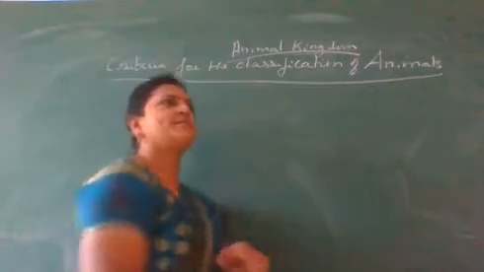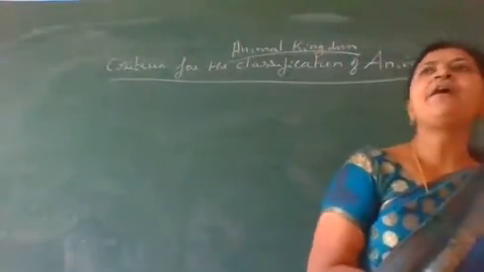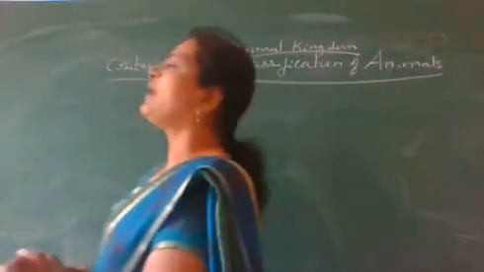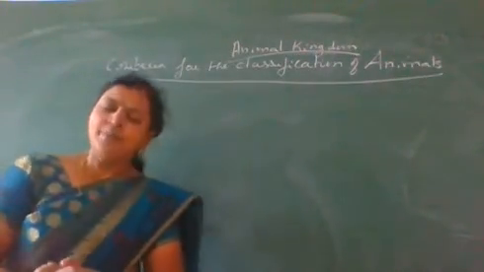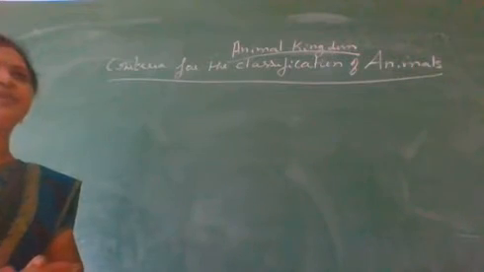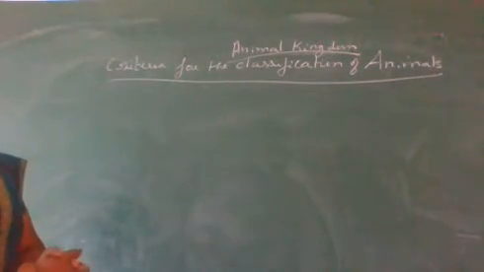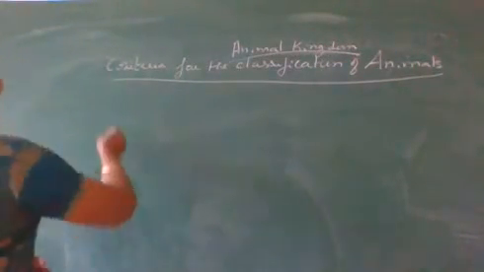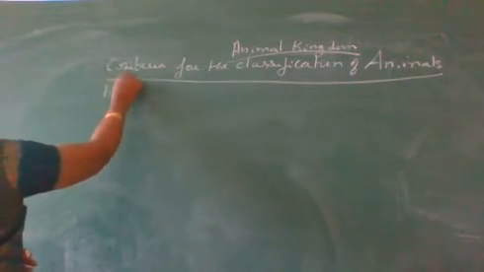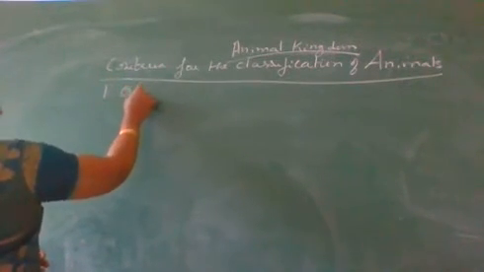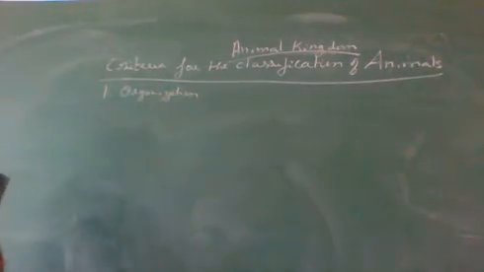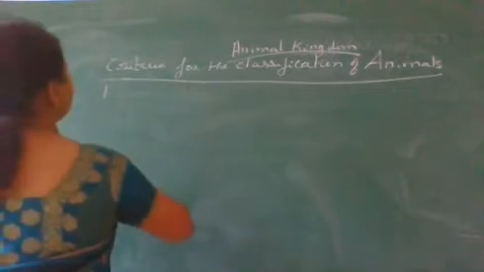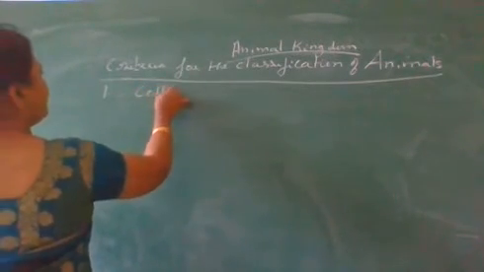On what basis do zoologists classify the animals or assign the animals? So basically the first criterion is organization, that is cellular organization.